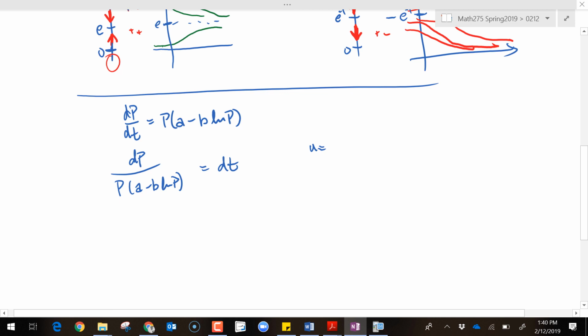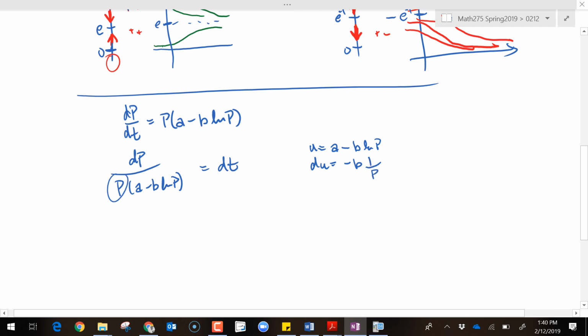Maybe just let u equal the whole thing, a minus b ln P, because a is a constant, and when you take the derivative, that'll go away. And the derivative of ln P is 1 over P, and 1 over P is sitting over there on the end, right? So du is equal to negative b times 1 over P dp.